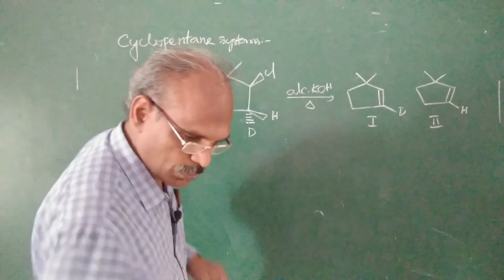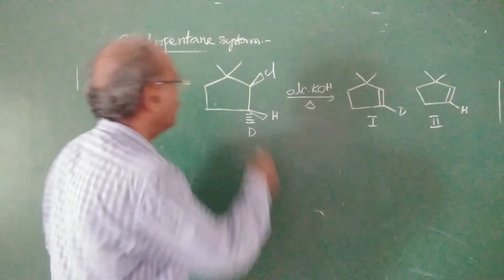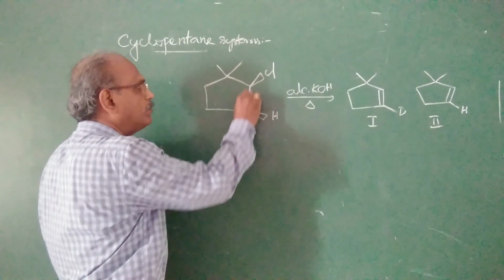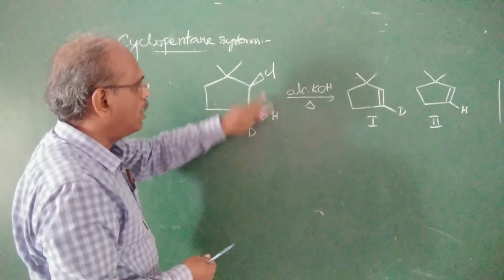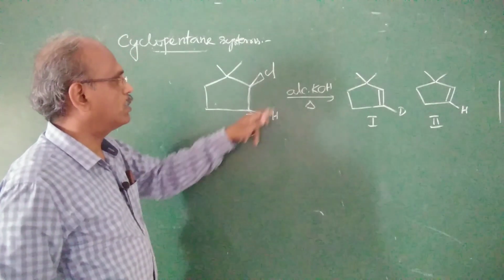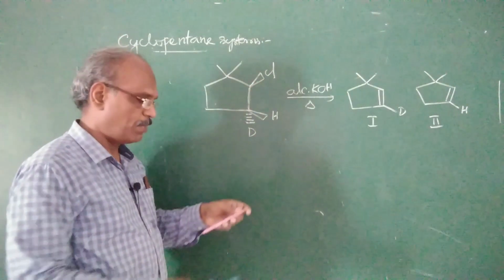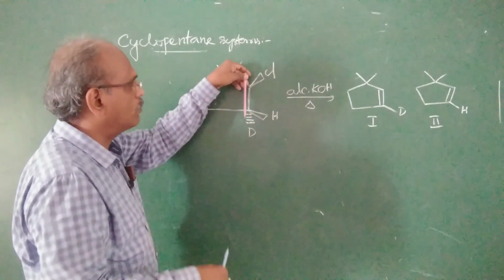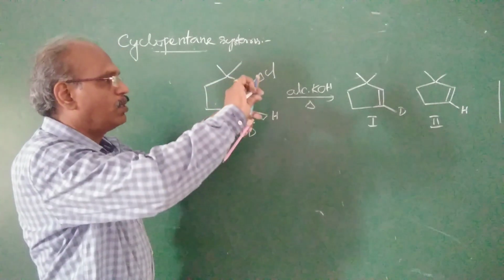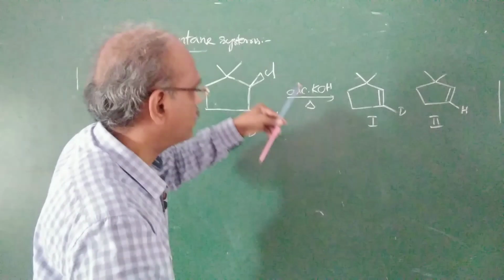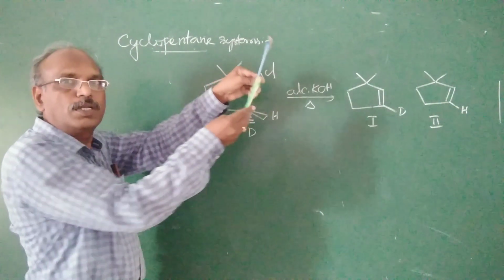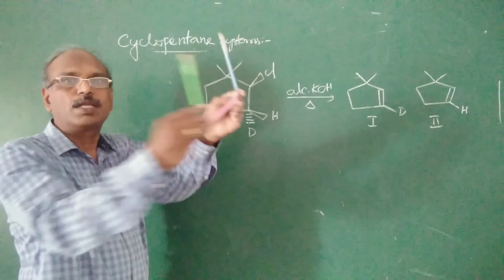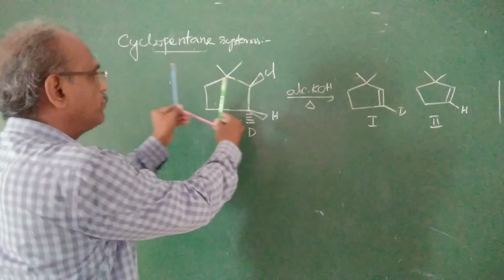Now look at this bond. Here Cl and H are projected above the plane in the same direction. This pink one is this bond. Chlorine is projected like this, hydrogen is also projected like this. Are they in the same plane or not?